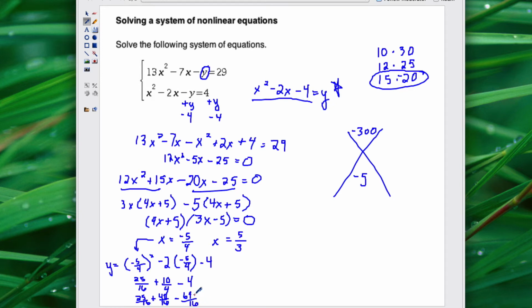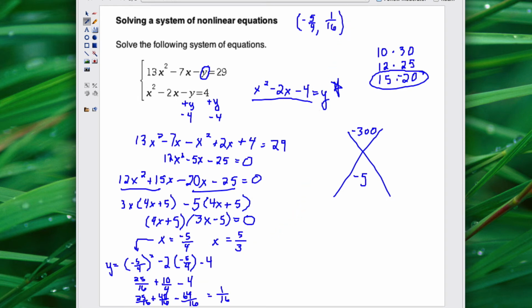So now that they all have the same denominator, I'm going to basically take 25 and add 40 to it and subtract 64, and I get 1, so this is 1/16. So one of my solutions for this problem is when x is a negative 5/4, y is 1/16.